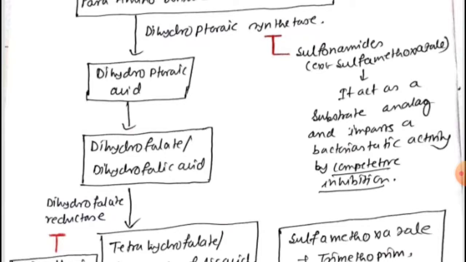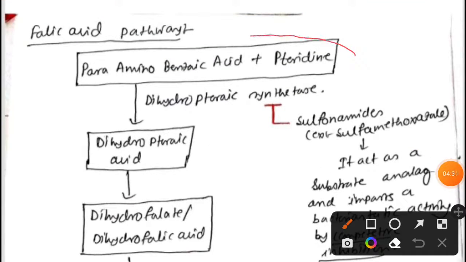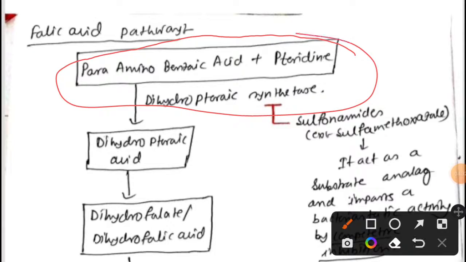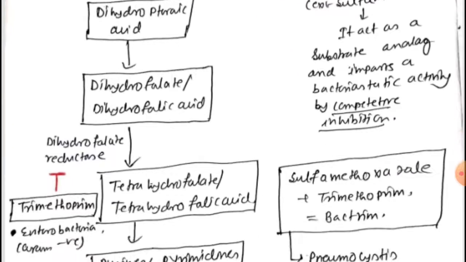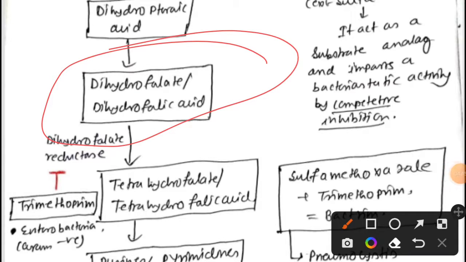That means if the concentration of para-aminobenzoic acid and pteridine increases, then the inhibition by the sulfonamide may decrease.